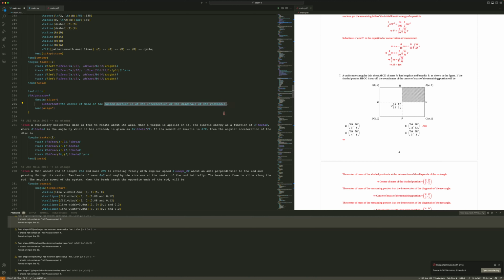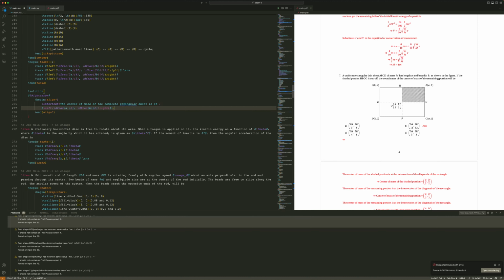Center of mass of the complete rectangular sheet is at a/2, b/2.